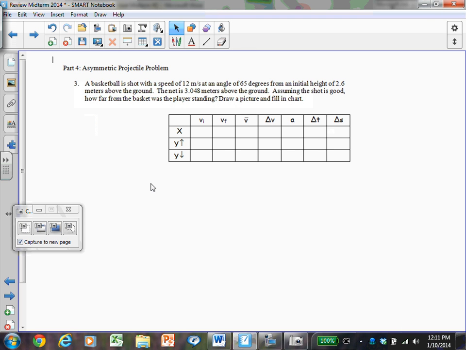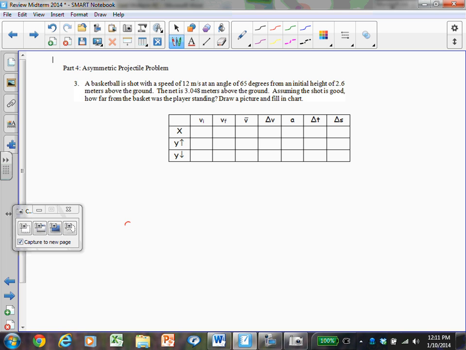All right. So a basketball is shot with a speed of 12 meters per second at an angle of 65 degrees from the initial height of 2.6 meters above the ground. The net is 3.048 meters above the ground. Assuming the shot's good, how far from the basket was the player standing? Draw a picture and fill in the chart.